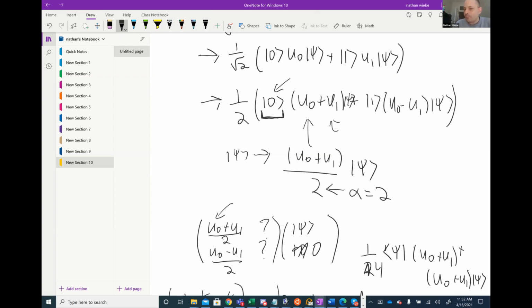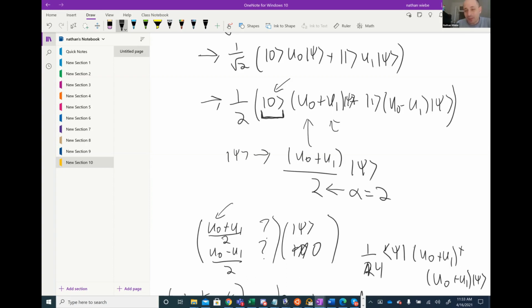Now, the catch is that you might look at this and say, hey, wait a sec, isn't this dagger times the sum of unitaries just always going to be 1? But the sum of unitaries, again, isn't a unitary matrix. You can make anything by a sum of unitaries. So although this is Hermitian, it's not actually unitary.